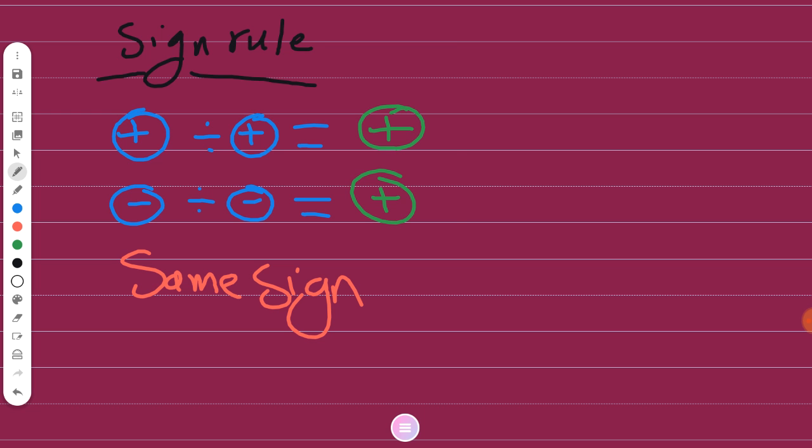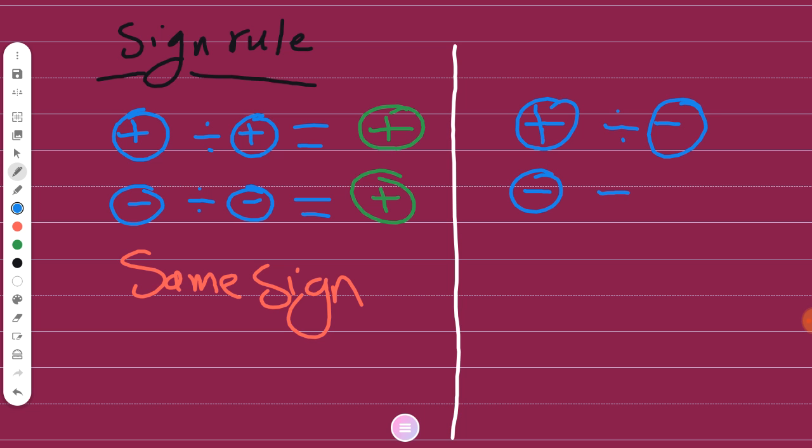Okay. What about if the signs are different? Different signs should give negative sign. So positive divided by negative, or negative divided by positive.